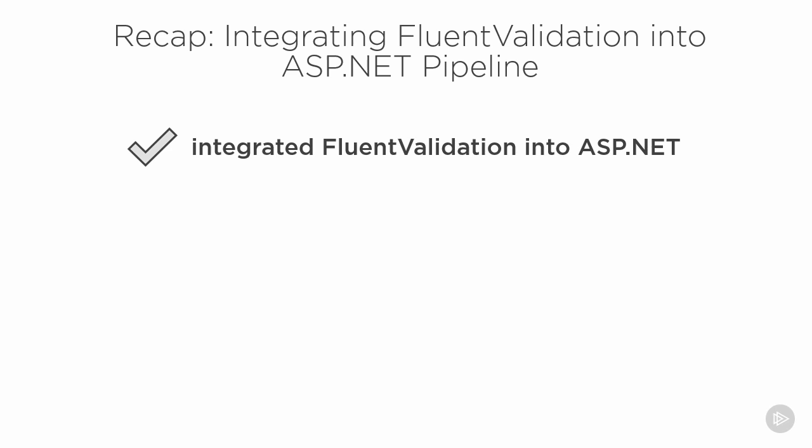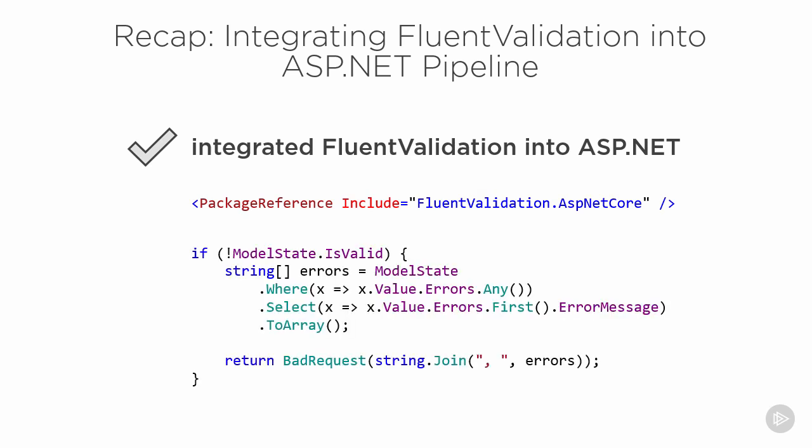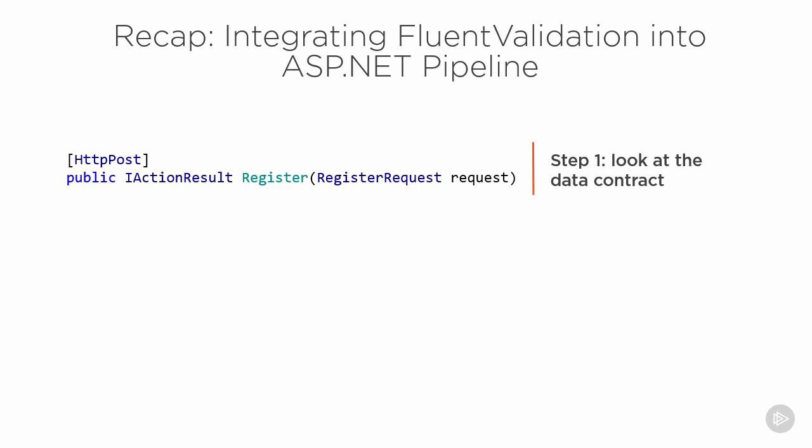In the last two demos, we integrated the Fluent validation library into the ASP.NET pipeline. We used this NuGet package for that. It allowed us to use the standard model state property to get the information about validation errors. The way it works is the Fluent validation library first looks at the type of the incoming data contract, such as register request.